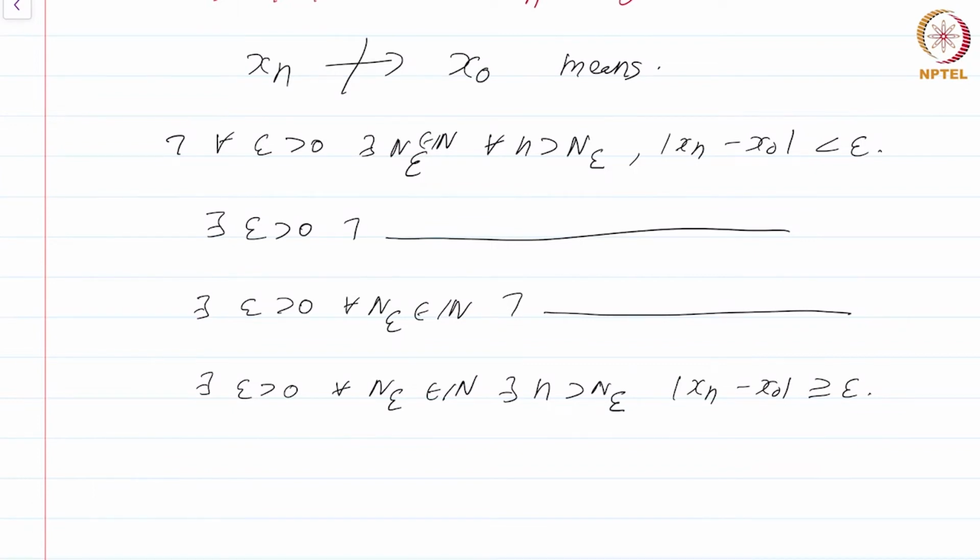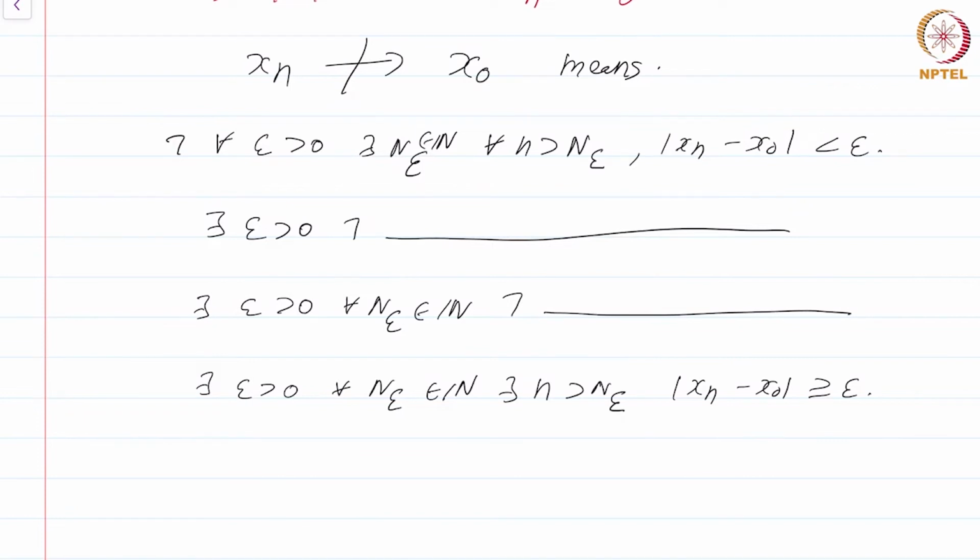What is this saying? For x_n converging to x naught to fail, for some target epsilon, it is not the case that every term in the sequence beyond a particular point is fully contained within the target zone.